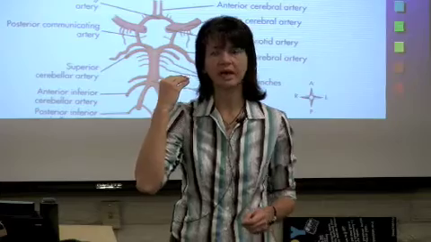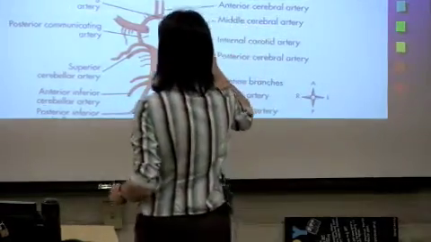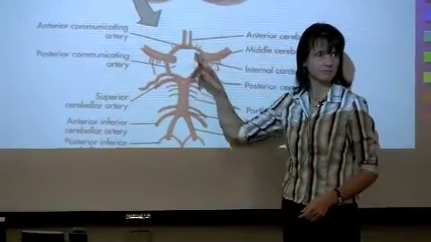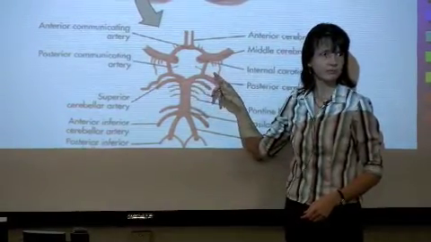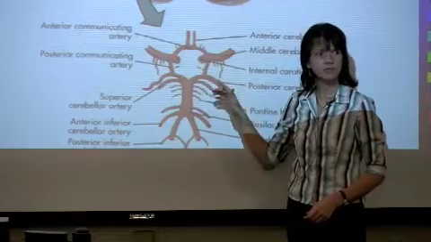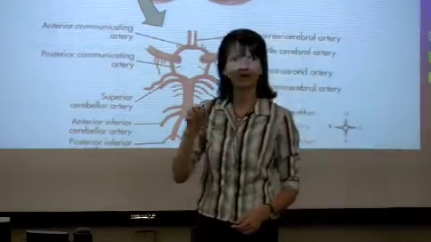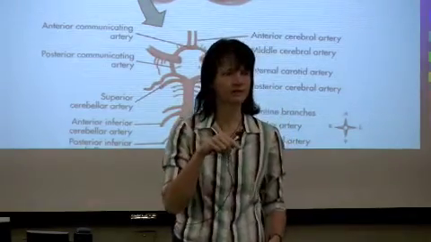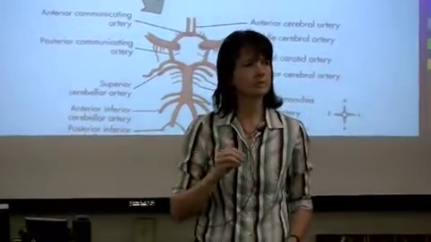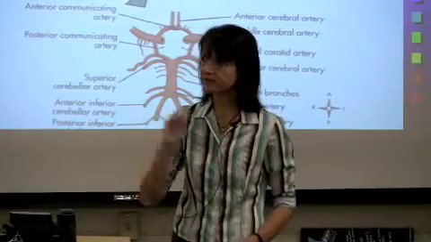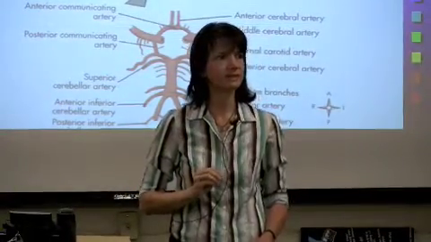Do you notice that this particular structure right here is very unique in the body? What is that called? That is called the circle of Willis. I don't know of any other area in your body where you have a circular connection of blood vessels. What is the purpose of the circle of Willis? Collateral circulation. That's exactly correct.